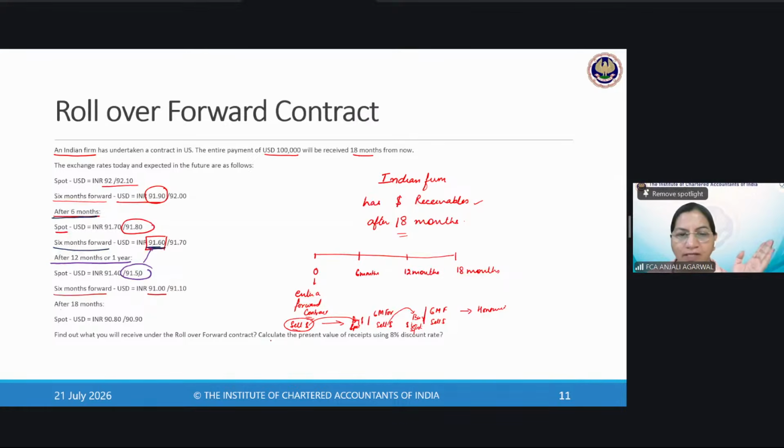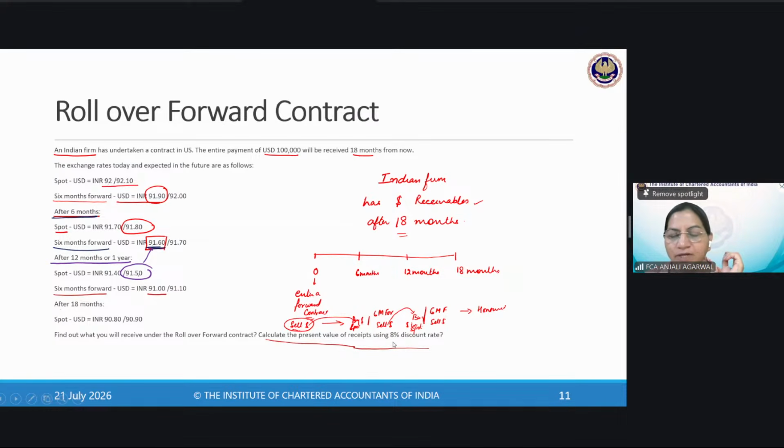We also have to calculate the present value of the total receipts. So in today's scenario, at zero position, what is the receipt? Had we received our dollars 100,000 today, we would have got 92 lakhs. But now, because the dollar depreciated, we got something less.